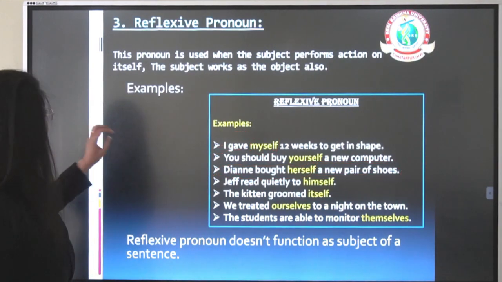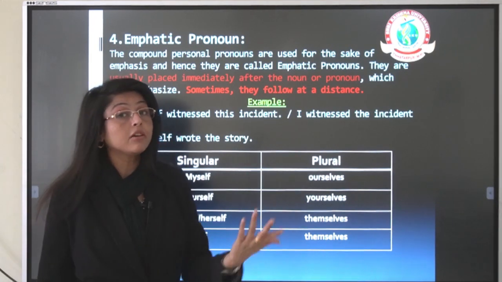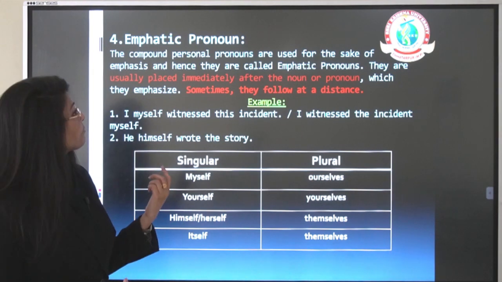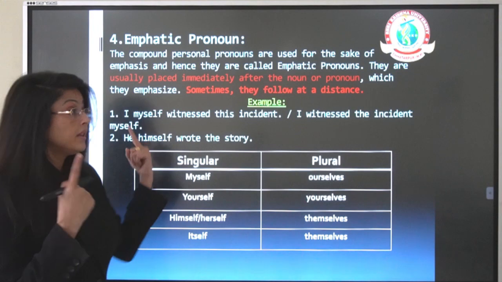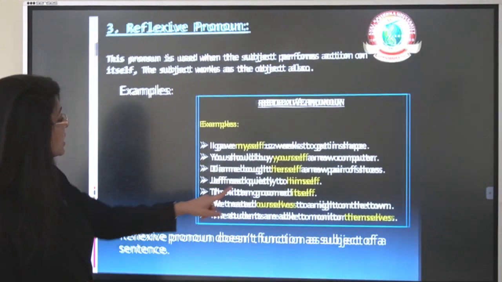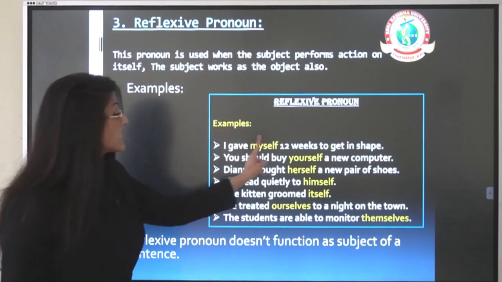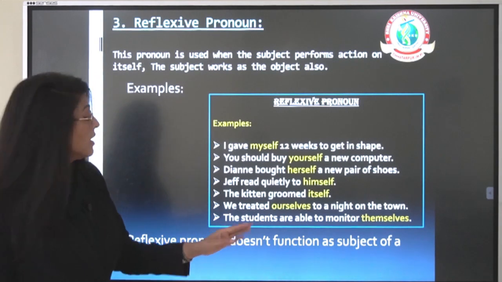Coming on to the next one, emphatic. Now, what is the meaning of emphatic? To emphasize something, to focus on something or highlight something. Now, in the previous slide, we saw these words as reflexive pronouns. Now see how the same words function in a different way by emphasizing something.